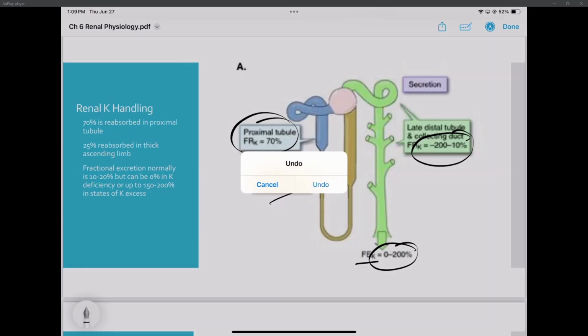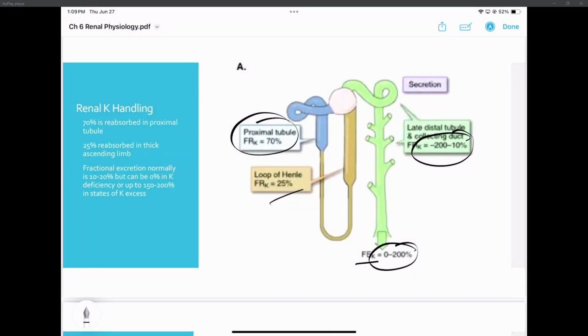So we can really alter our excretion of potassium, because remember, what's it called if we add something into the tubular fluid outside of the Bowman's capsule? Secretion. We're going to secrete more potassium back into the tubular fluid at a later point, the late distal tubule and collecting duct, to either bring more potassium in or excrete it and get rid of it.